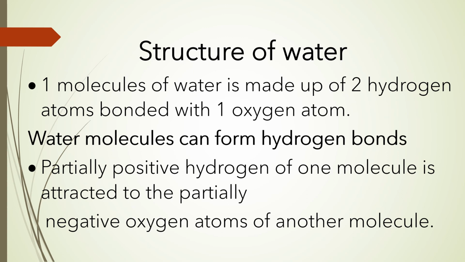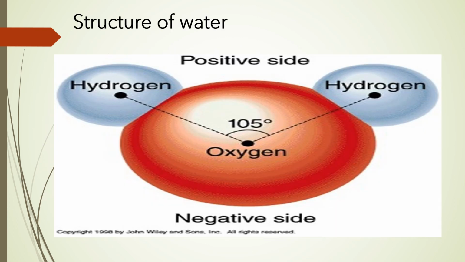So water molecules can form hydrogen bonds. The partially positive hydrogen of one molecule is attracted to the partially negative oxygen atom of another molecule. So we have here the structure of water, the hydrogen and the oxygen.